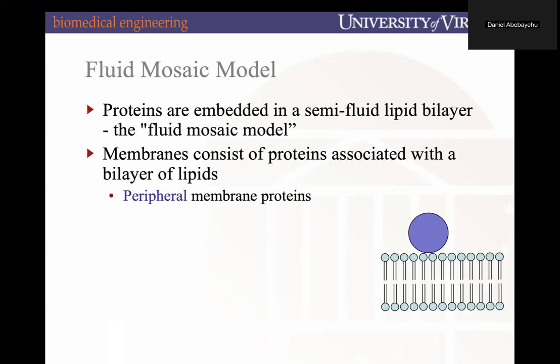So if we think about the fact that it's sitting on top of these polar head groups of a phospholipid, what kind of interactions might be driving this protein interacting with the polar head groups here?